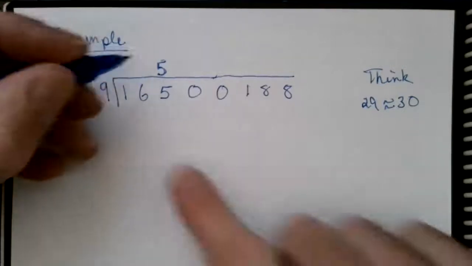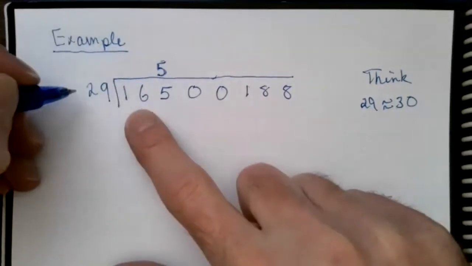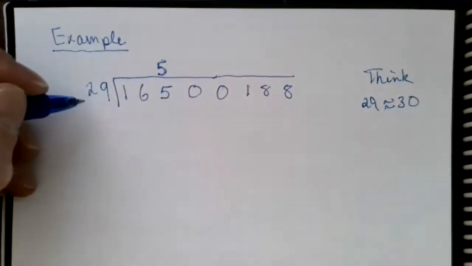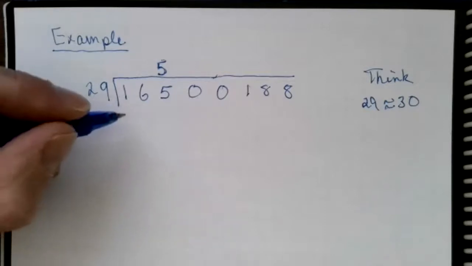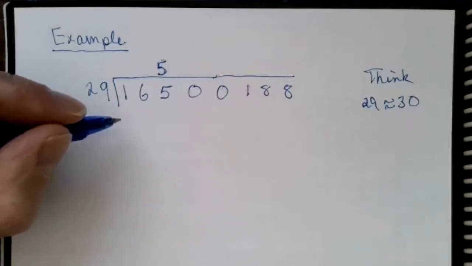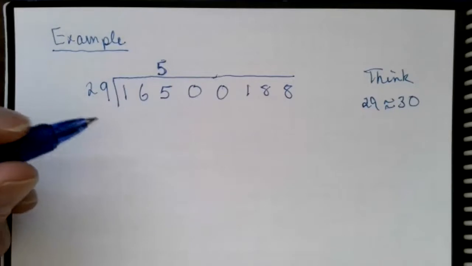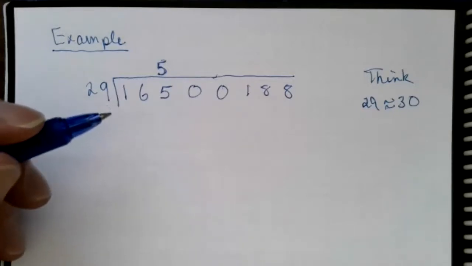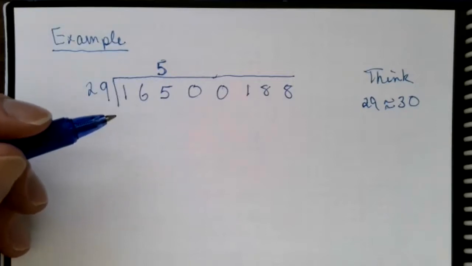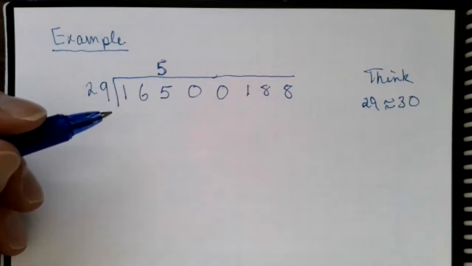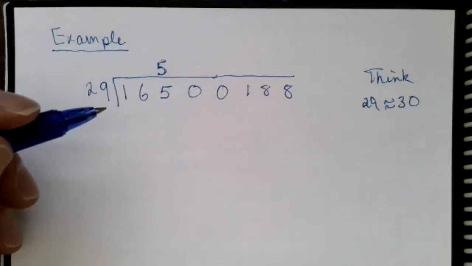Now 29 times 5, I need to know what that is. I can't just pretend this is a 30 and then do the math that way. It's not going to get me the answer. Well, if I know 30 copies of 5 get me to 150, where would 29 copies get me? 145.